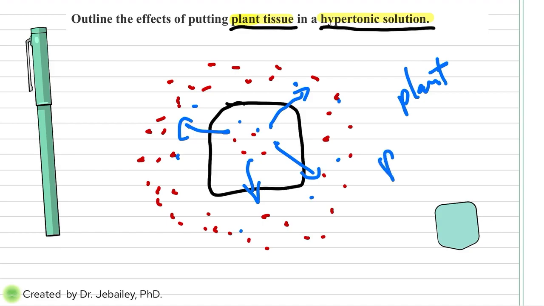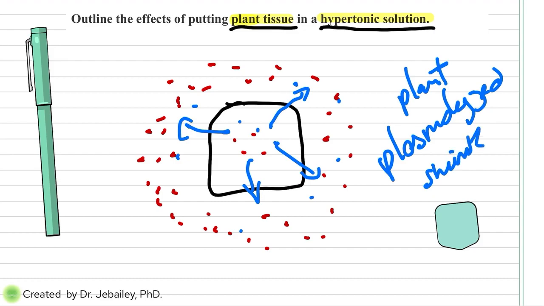The word plasmolyzed is the same thing as saying that the cell will shrink. But because it's a plant, we use the word plasmolyzed. We do not use shrink.